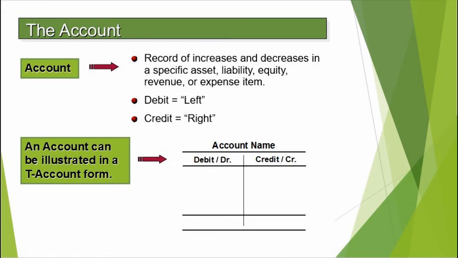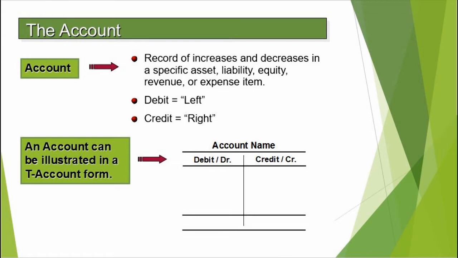Entering an amount on the left side of an account is called debiting the account. Making an entry on the right side is crediting the account. We commonly abbreviate debit as DR and credit as CR.